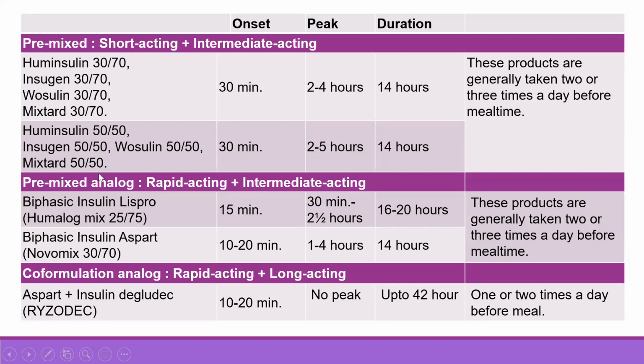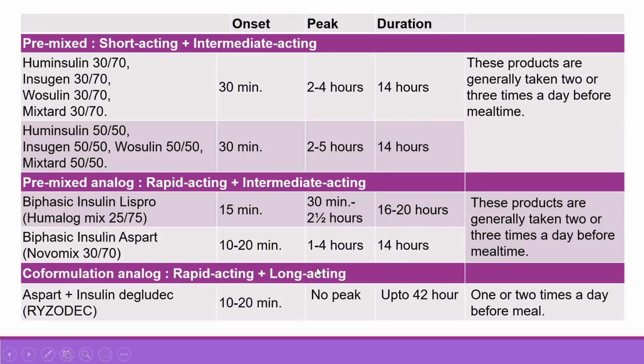These are the premixed insulin analogs, and you get the advantage of the rapid-acting insulin over the short-acting insulin, which I have discussed already. Again, this premixed analog contains NPH insulin, NPH aspart or NPH lispro, which has a duration of action almost the same as other NPH insulins, and therefore you need to inject twice a day to cover the whole 24 hours.